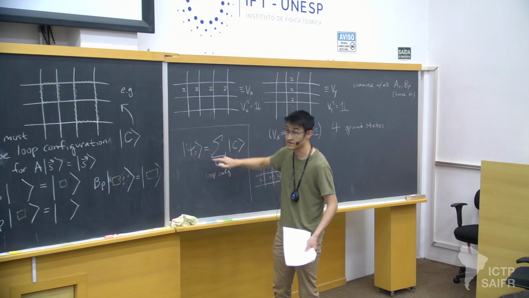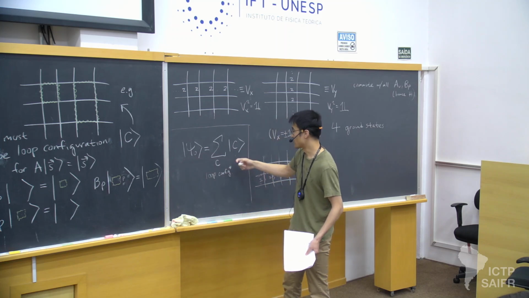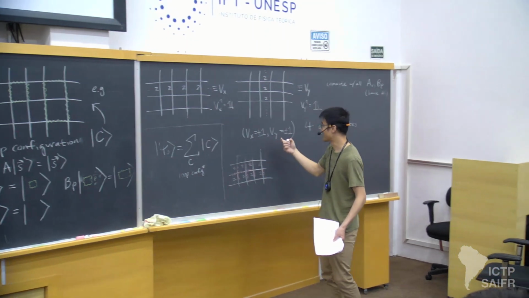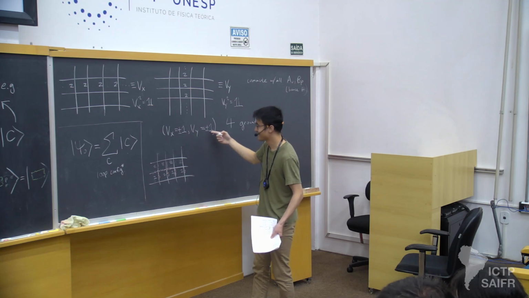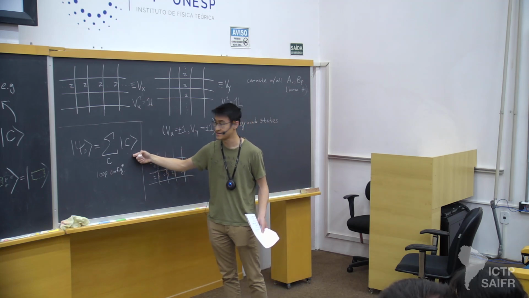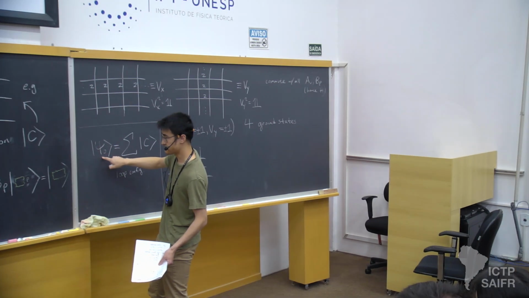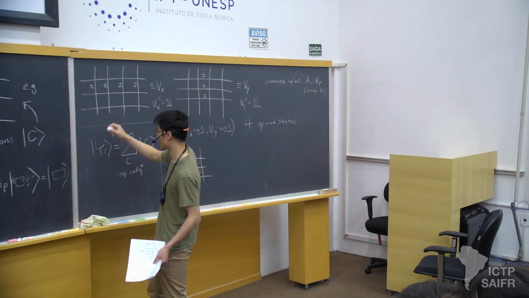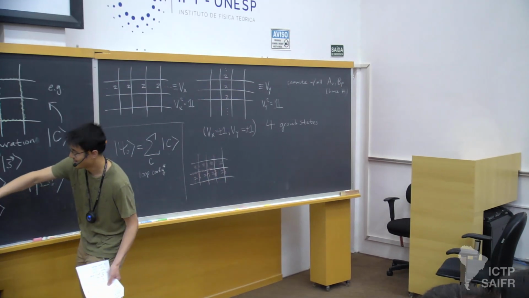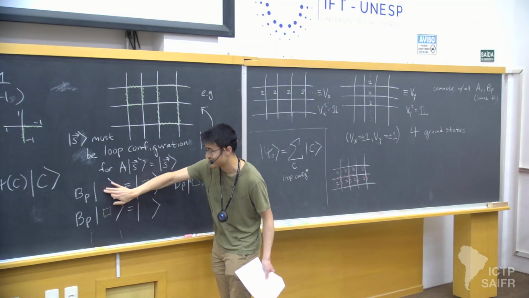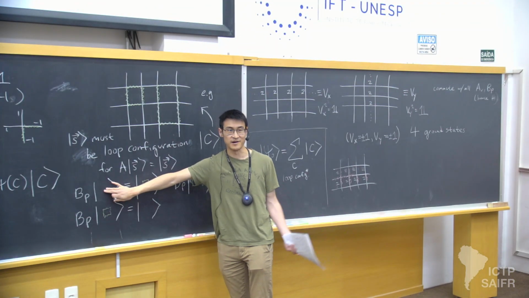Which one of these states did I just construct? Let me be more explicit. Let's say Psi0 was built from, contains this configuration with no loops at all.